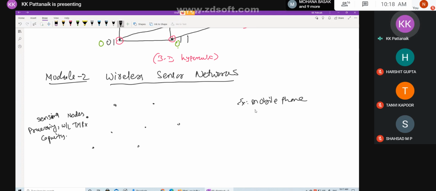So your mobile phone is a classic example of a wireless sensor node, but it has much more capability than the sensor node that we are going to talk about. This is just an example. It is a sophisticated wireless sensor device.